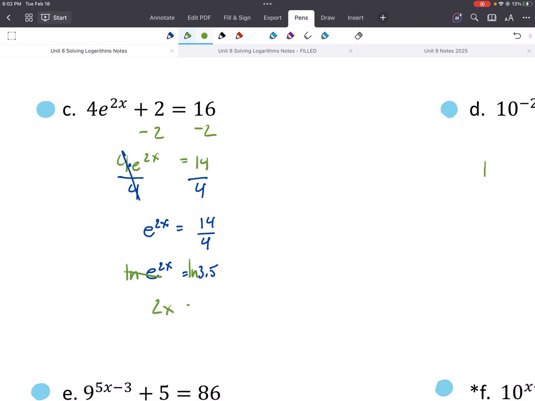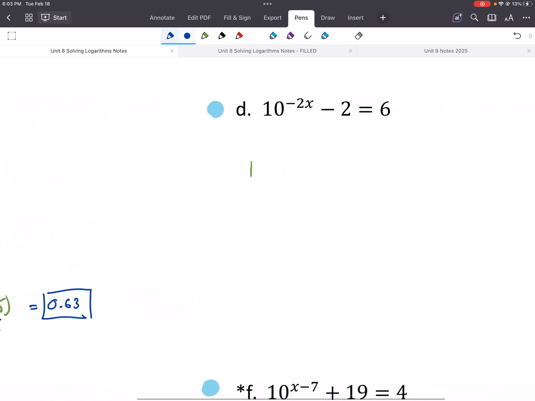So 2x equals the natural log of 3.5. And then our last thing would be to get rid of that 2 by dividing. So we'd put that into our calculator, and we should end up getting 0.63. Okay, so I encourage you maybe to pause and type these in. Make sure that you can type it into your calculator.